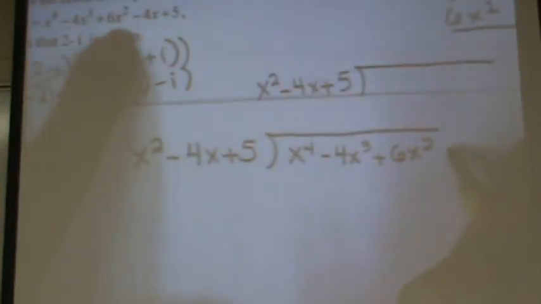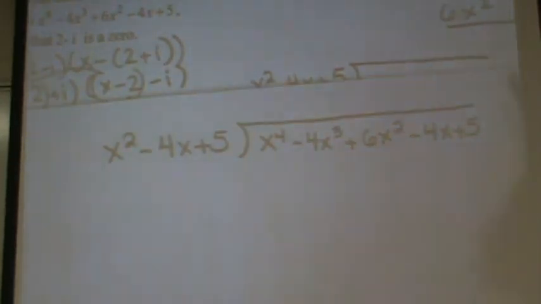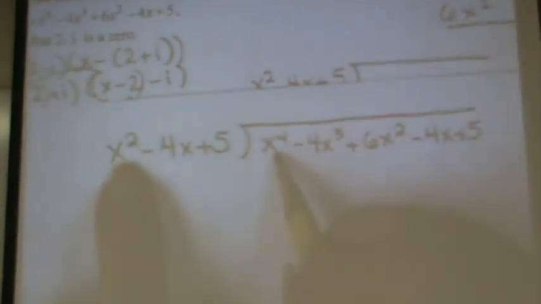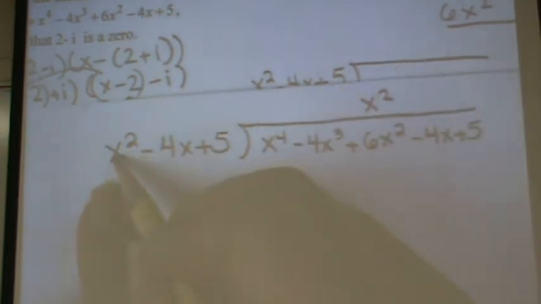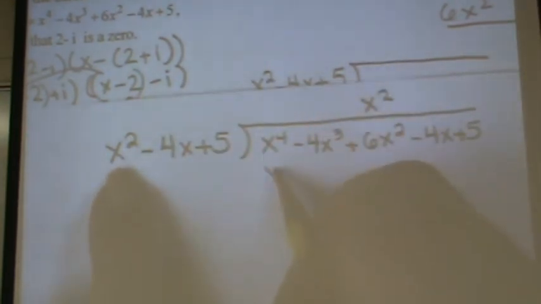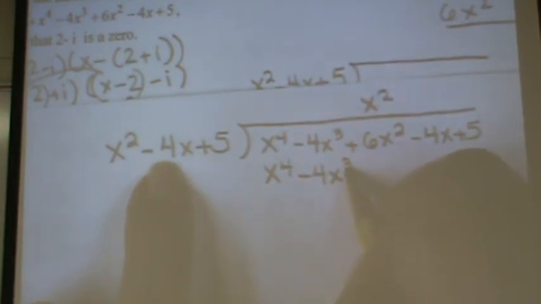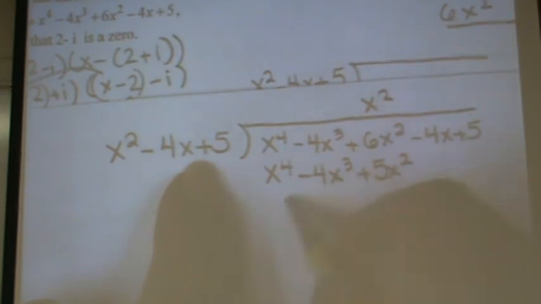So you'll have a good feeling that it's right. Okay? Almost done. Help me out here. I need x to the 4th. I've got x squared, so I need an x squared here. X squared times all 3 of these. We've got x to the 4th minus 4x cubed, and then plus 5x squared.